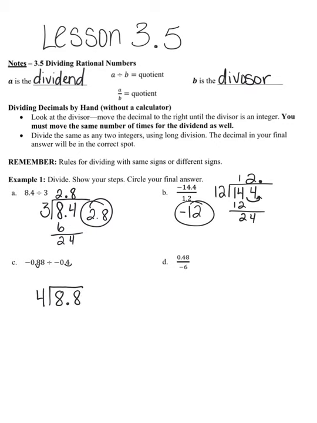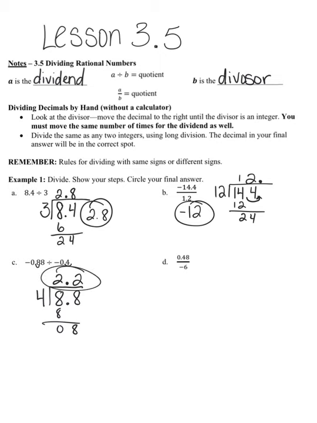And then I can divide like normal. 4 goes into 8 2 times. I'm going to move my decimal point straight up here. And then I'm going to look at my original problem and see that I've got a negative divided by a negative, which results in a positive.